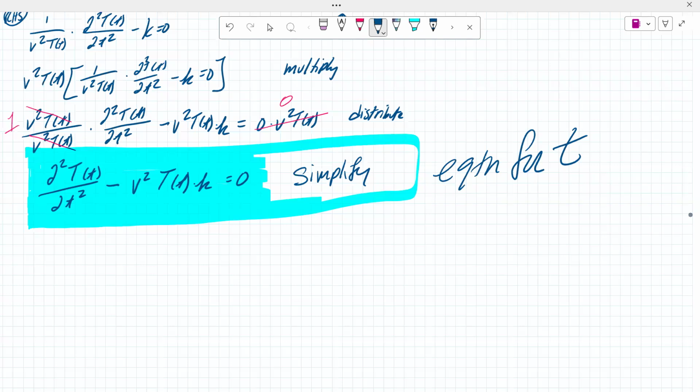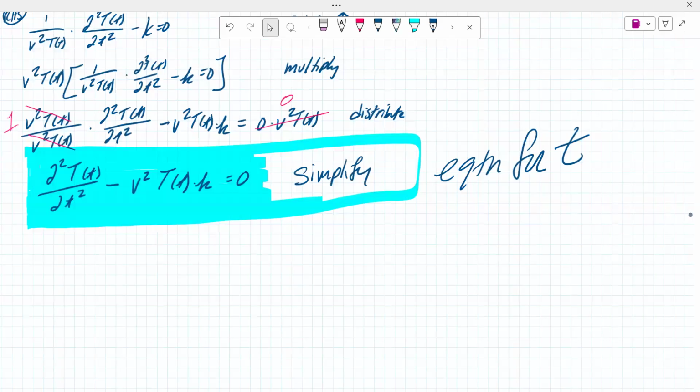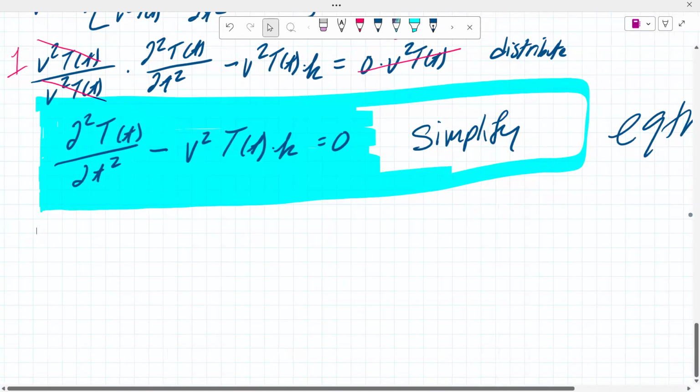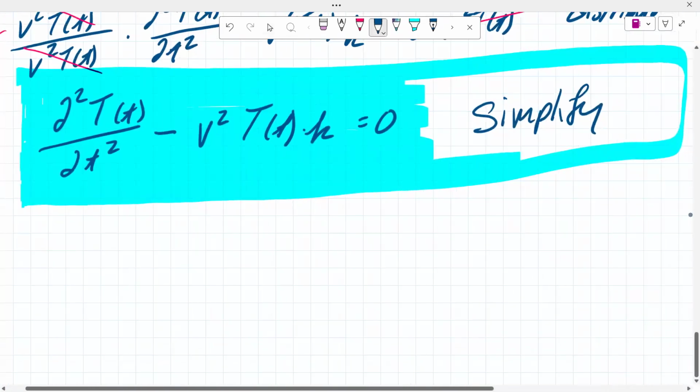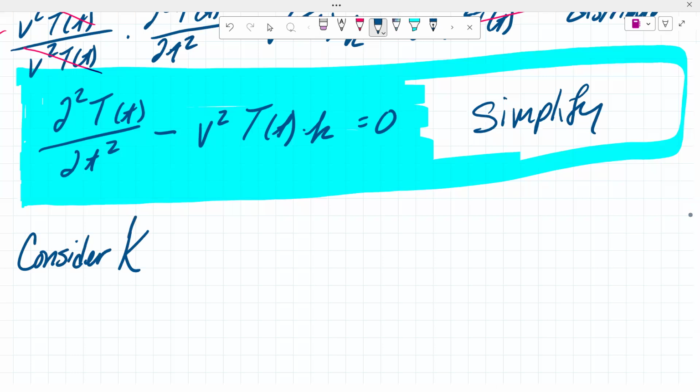Okay, so let's just take some notes about this. We need to consider k, the separation constant.